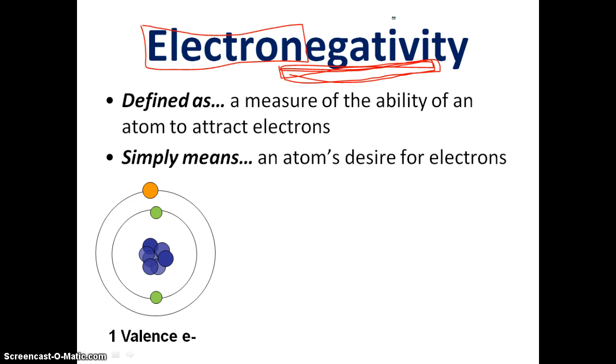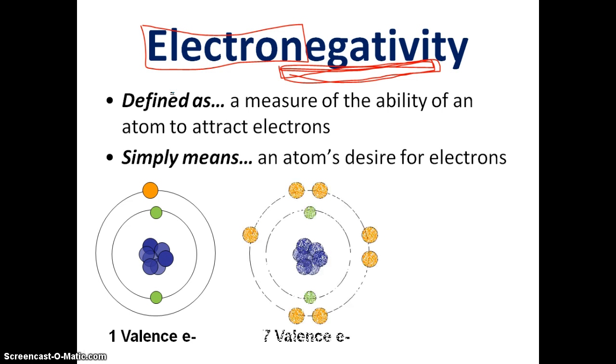So they all want 8. But group 1 doesn't want to gain 7. It wants to give away this one electron. And by giving it away, it has a filled shell just below that outer shell. So group 1 elements have no desire for electrons. In fact, they want to give them away.